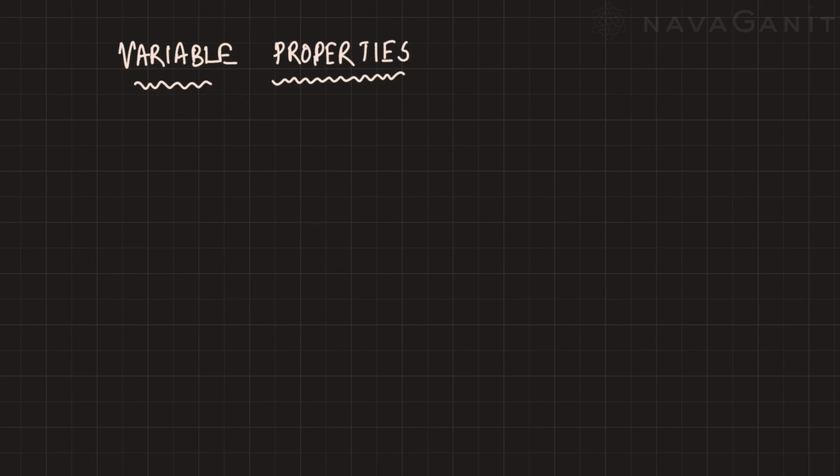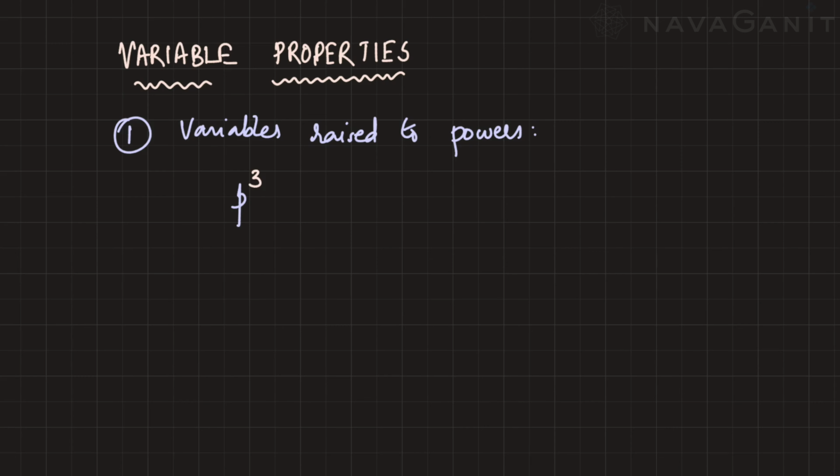Now let us understand a few properties of variables. First is with respect to variables raised to powers. If a variable is raised to a power and the power is not 0, then it is still a variable. For example, say P is that variable and we have raised it to the power of 3.